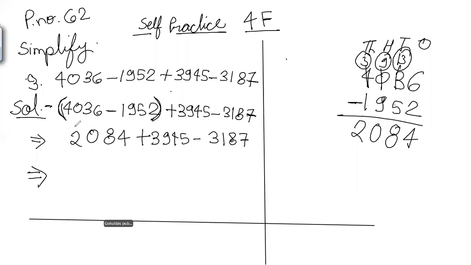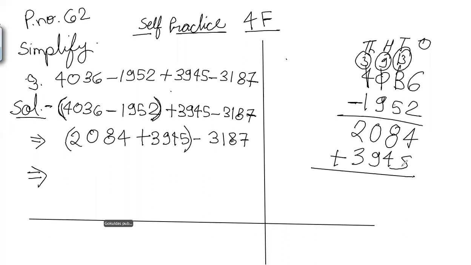So again put bracket before the first number and after the second number. Close the bracket. Now solve this. So this bracket says that there are 2 numbers and you have to add them. So these 2084 plus 3945. Now add both these numbers.